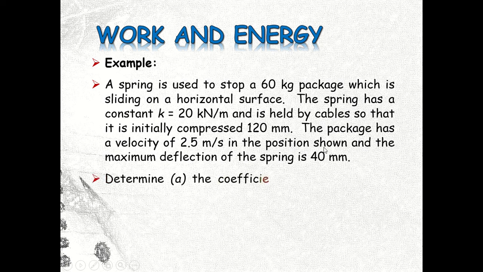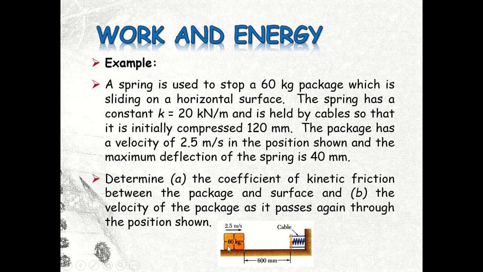Okay, so this is an illustration. And maximum deflection of the spring is 40 millimeter. So determine A, the coefficient of kinetic friction between the package and the surface, and B, the velocity of the package as it passes again through the position shown.